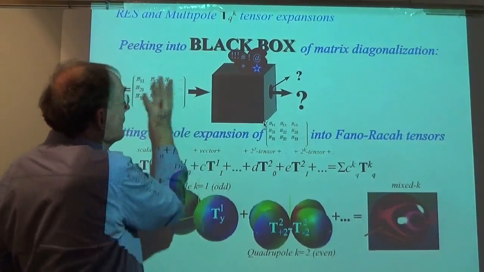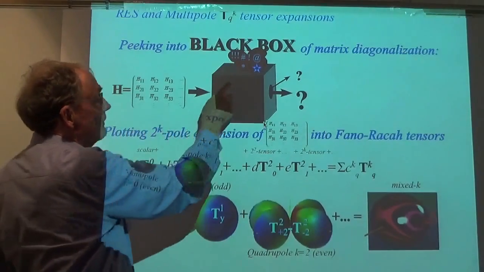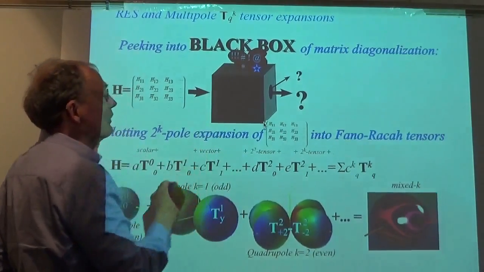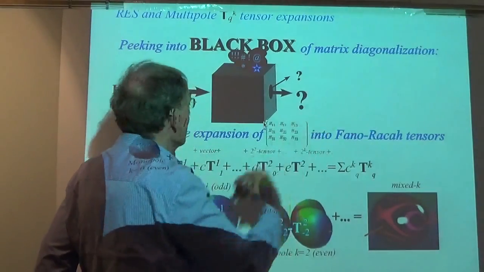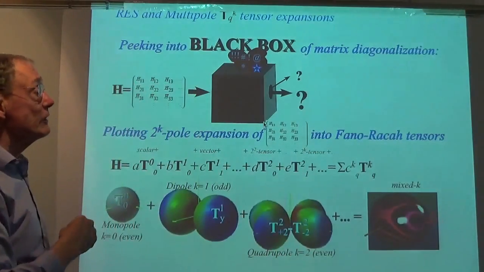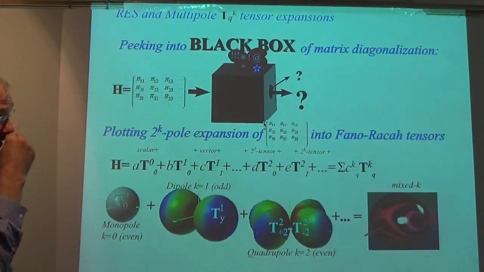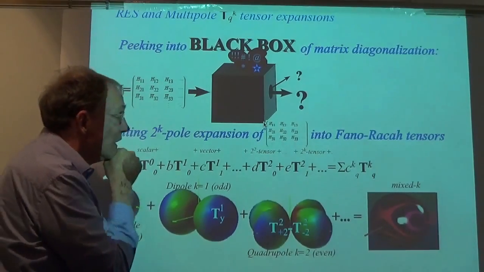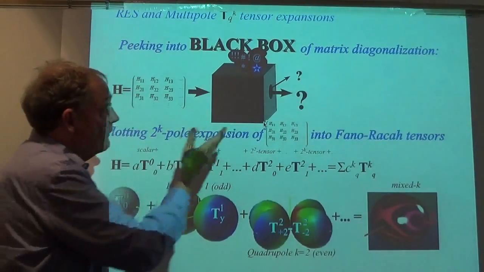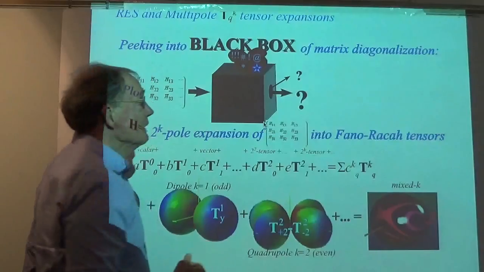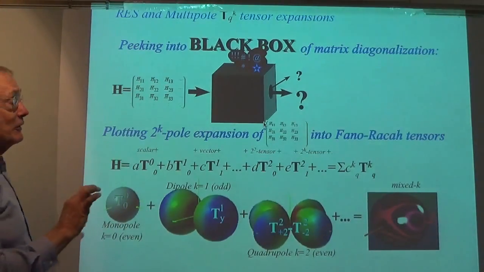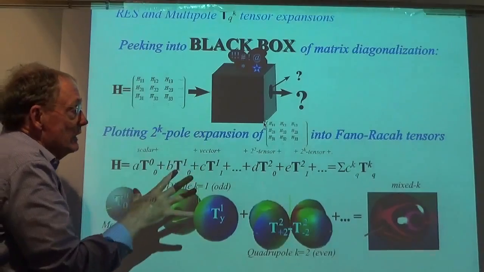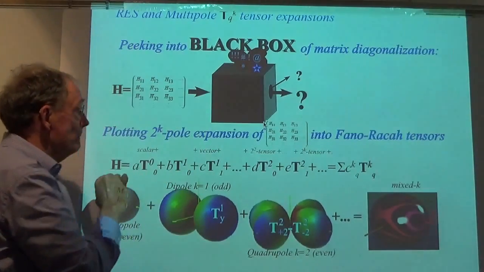So you feed in a Hamiltonian, and all sorts of things are happening inside the black box, and then out come a list of the energy eigenvalues, and if you really work hard at it, you can also get the energy eigenvectors. The question is, how do you understand what came out of that black box? So the whole idea is not only to just calculate things, but also to visualize them.